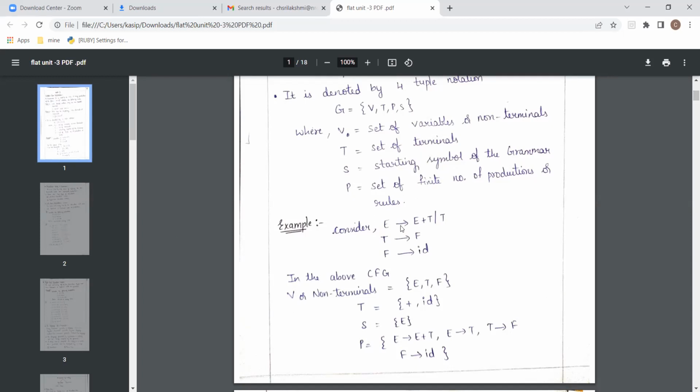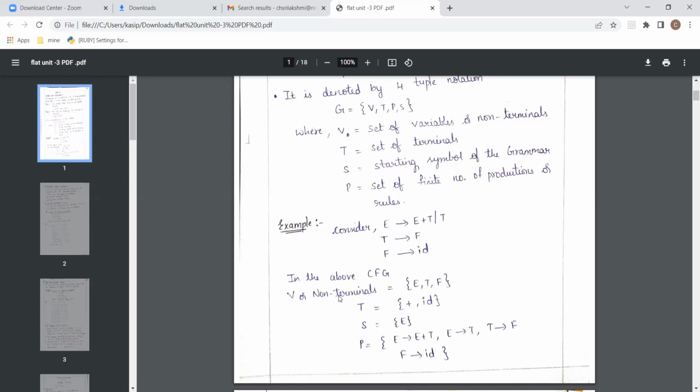E tends to E plus T, E tends to T, T tends to F, F tends to ID. In the above example, the context-free grammar is the set of 4 tuple notations, I told you, no? In that, V, T, P, and S are the 4 tuple notations.